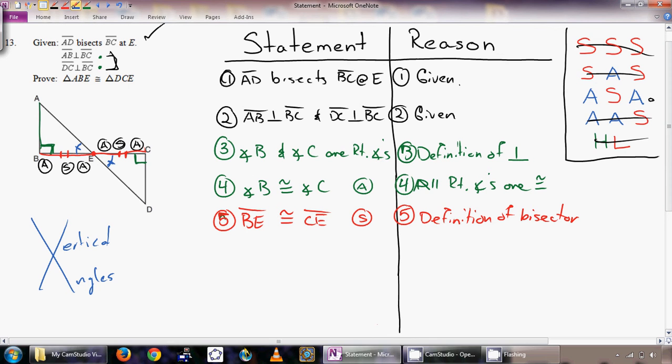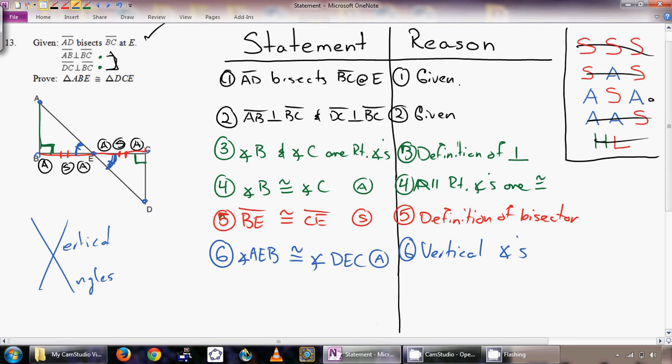And then my last fact is that angle AEB must be congruent to angle DEC. Right, that's another angle, because they're vertical angles.